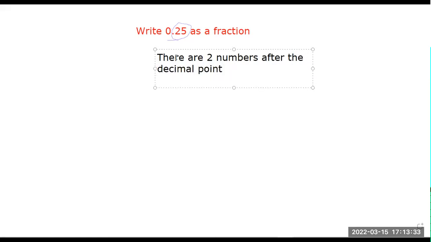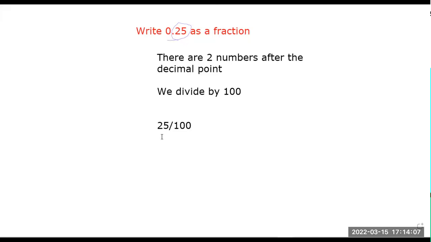So because there are two numbers after the decimal point, divide by 100. What do I divide by 100? The two numbers themselves, which are after the decimal point. So that would give us 25 over 100. So these two numbers, the 2 and the 5, you would literally write that over 100, because the second position here represents hundredths, out of 100.